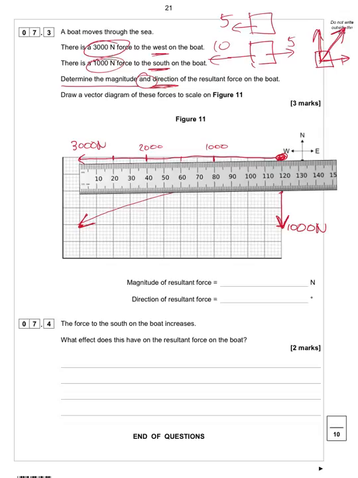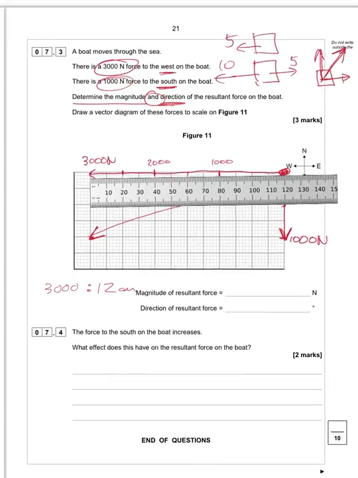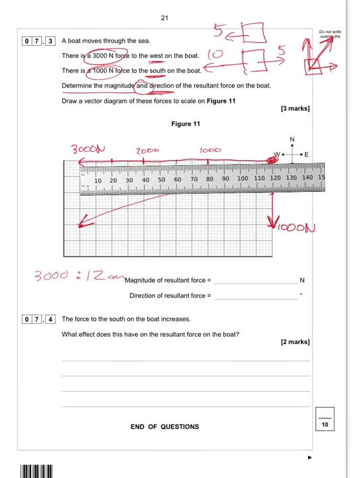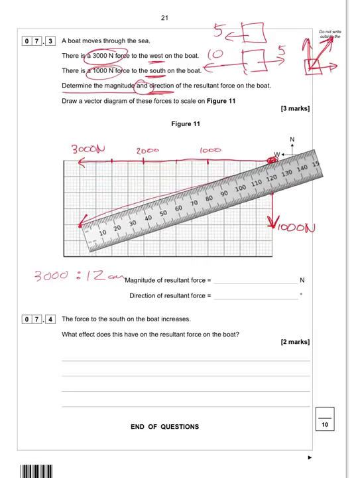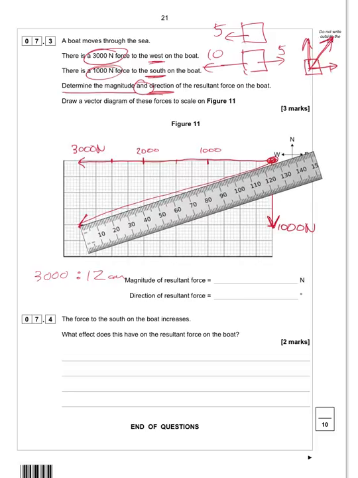3,000 Newton line is on this scale 12 centimetres, but if I try and measure the length of my diagonal line, that is going to be somewhere, it's quite hard to see with the red line, about 12.6 centimetres.